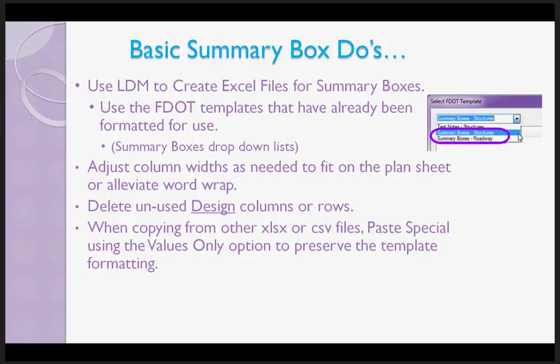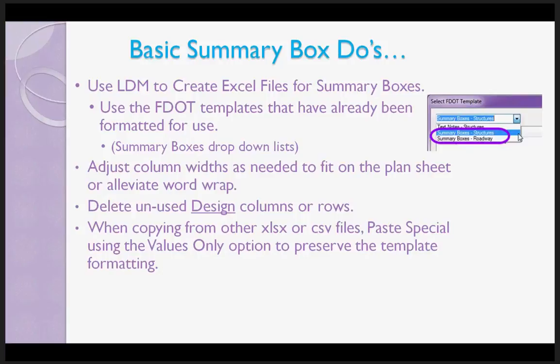And another thing that you can do, just kind of remember, is that if you're copying from another Excel file or a CSV file, make sure that you use the paste special using the values only option, so that you can keep the formatting that's in the Excel file.